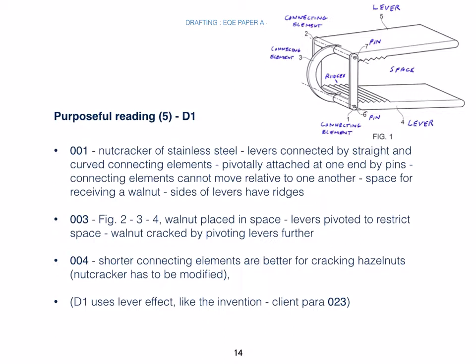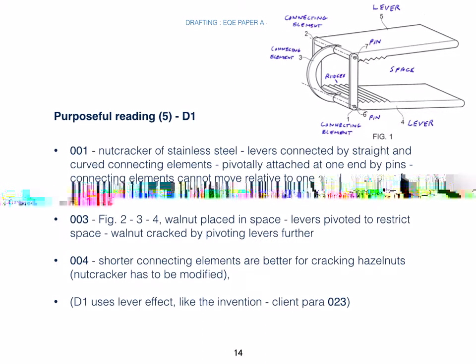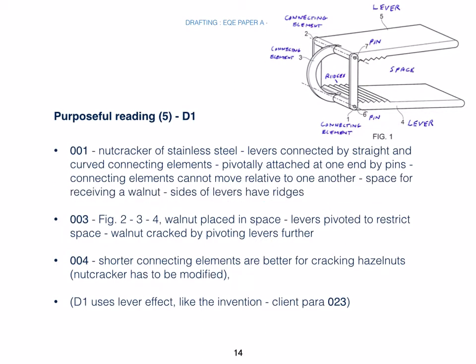The lever 4 is pivotally attached at one of its ends to each of the connecting elements 1, 2 and 3 by means of a pin 6. The lever 5 is pivotally attached at one of its ends to each of the connecting elements 1, 2 and 3 by means of a pin 7.